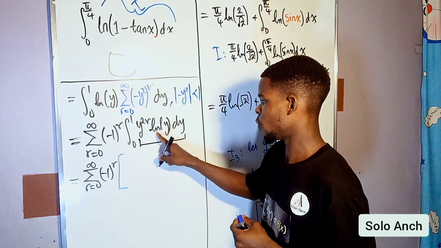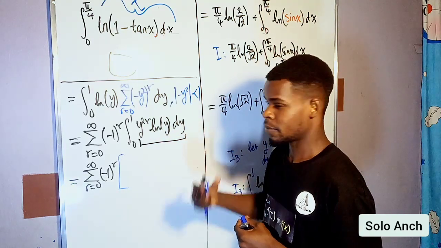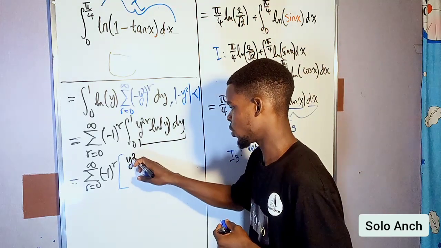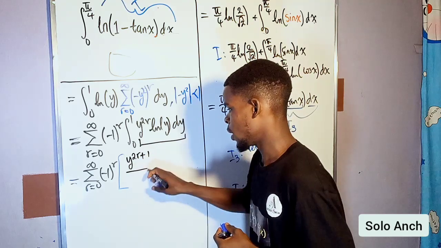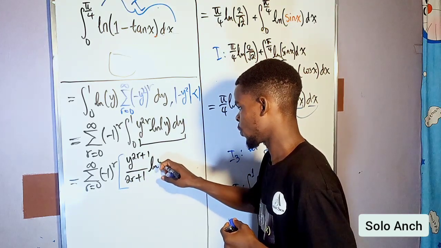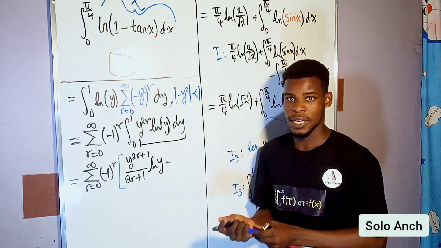So maybe we would integrate this. This gives us y raised to the power of 2r plus 1 divided by 2r plus 1. We multiply with the natural logarithm of y. So this is y raised to the power of 2r plus 1 divided by 2r plus 1 times the natural logarithm of y.